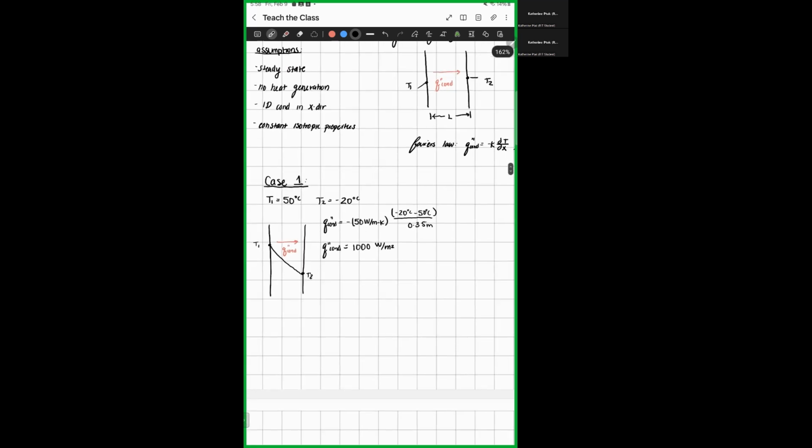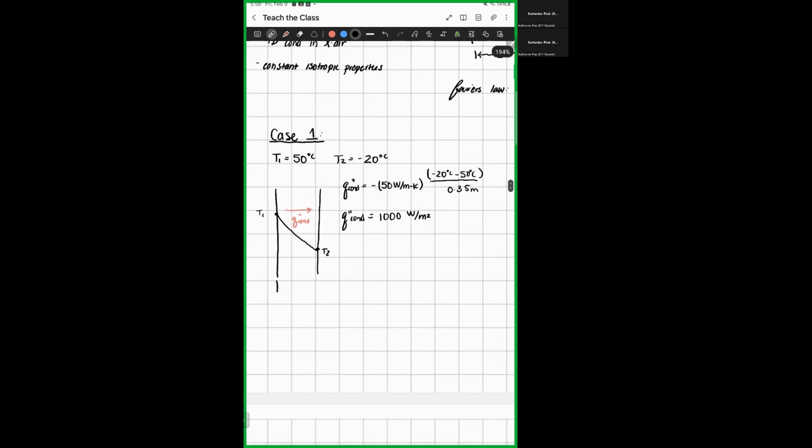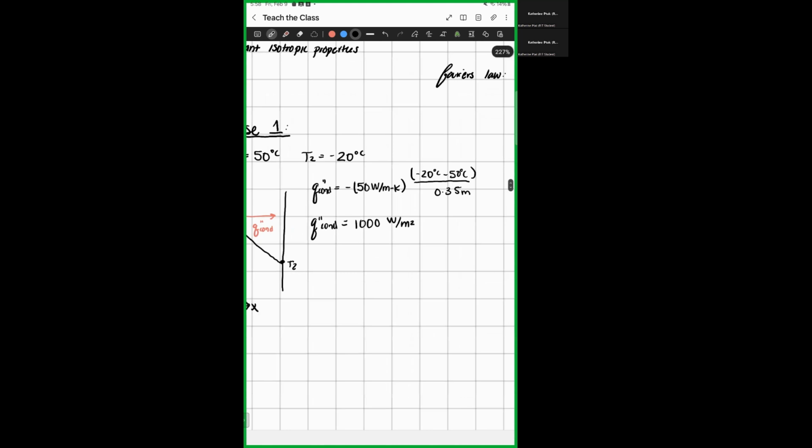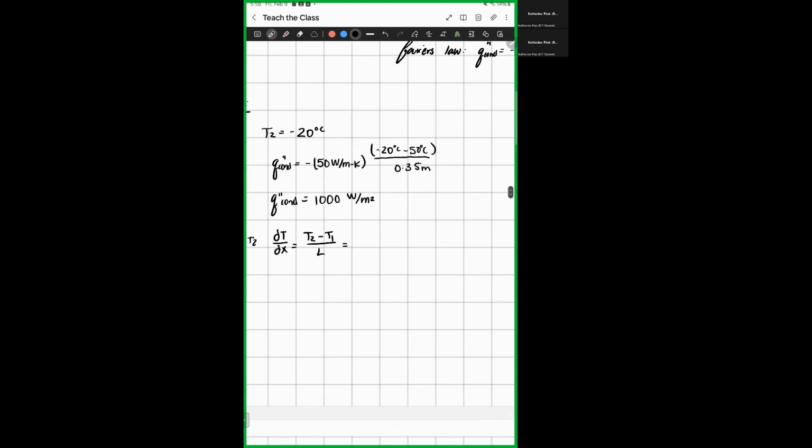If you look at this picture, this makes sense because heat is going in the positive x direction. We can draw that quick. Heat is going in the positive x direction from T1 to T2. So that does make sense. And then dT/dx equals T2 minus T1 over L, which equals negative 20 degrees C minus 50 degrees C over 0.35 meters.